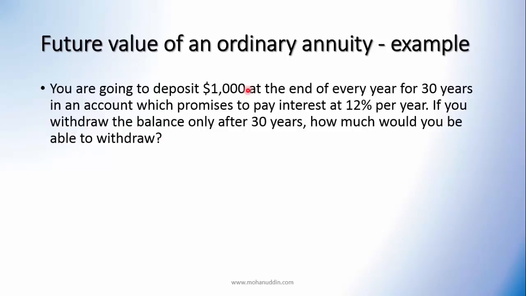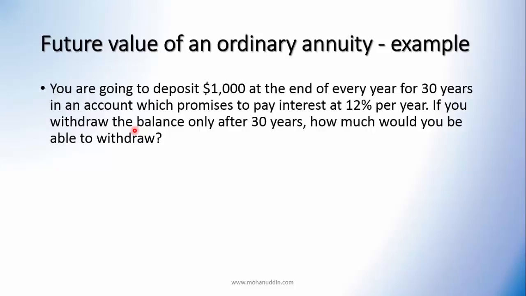If we look at this example, we can see that this 1,000 will come at the end of every year for 30 years, and our discount rate is 12%. We are going to withdraw in future after 30 years.